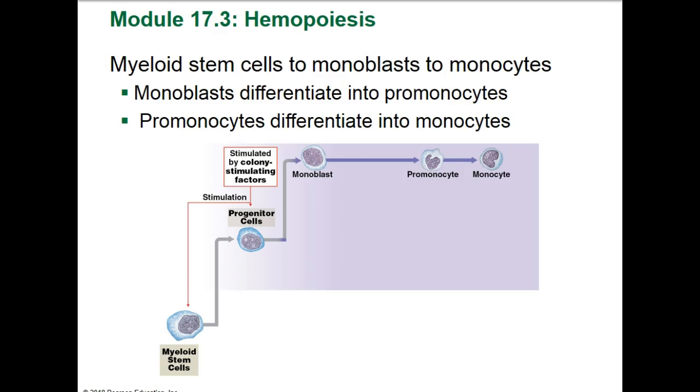And the myeloid stem cells will become monoblasts and then turn into monocytes. And the monoblasts first differentiate into promonocytes, and then the promonocytes differentiate into monocytes.